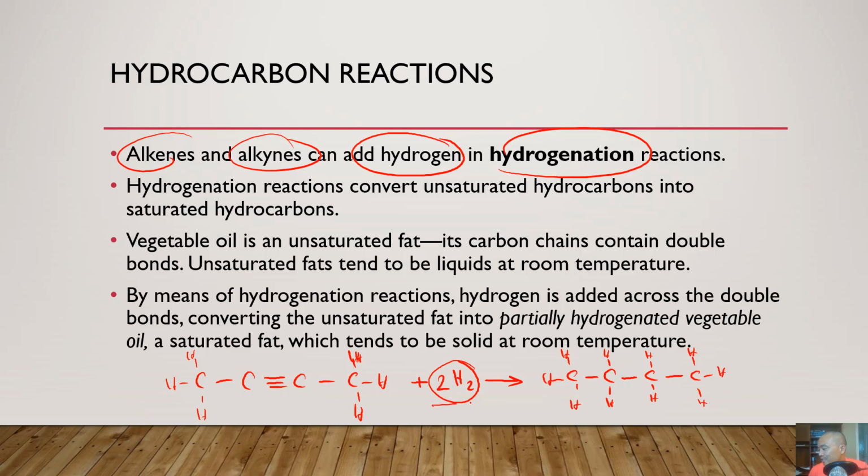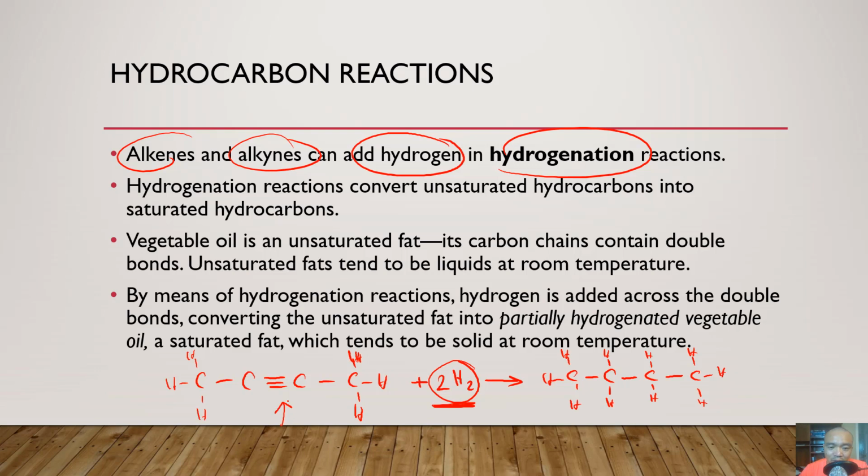Hydrogen is being added to the triple bond. It can also be added to a double bond, as we demonstrated previously. Double bonds and triple bonds undergo specific types of reactions like chlorination or hydrogenation. Both are the so-called addition reactions.